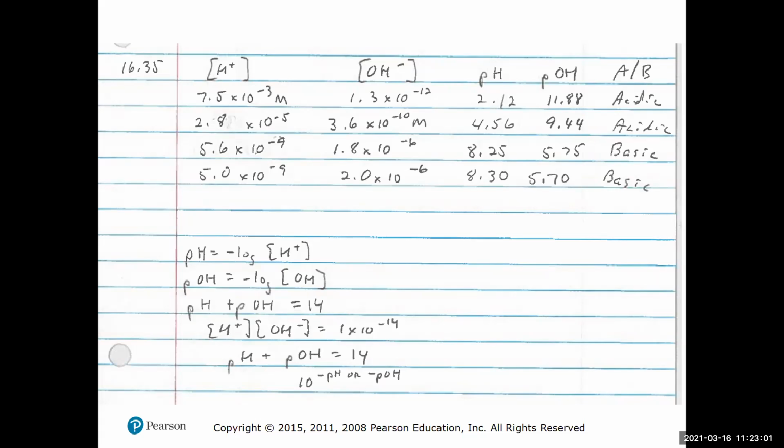And that will give you 7.5 times 10 to the minus 3. So like I said, I'm not going to go through all the numbers on this. You guys can do that when you're working on the homework. But it's these relationships that you're practicing using and getting comfortable with, working with logs and antilogs and things like that.